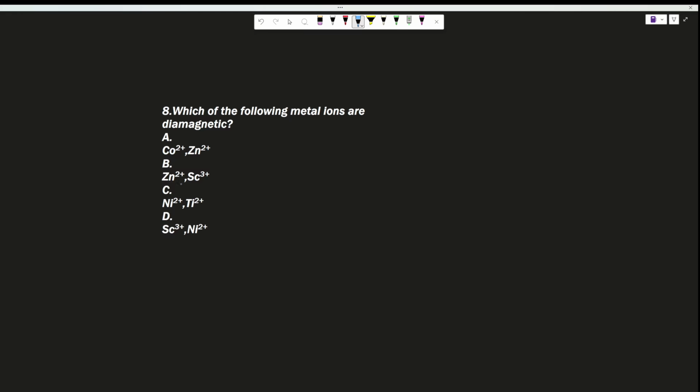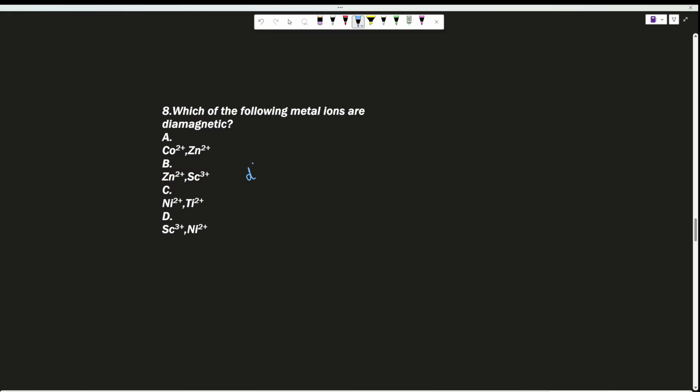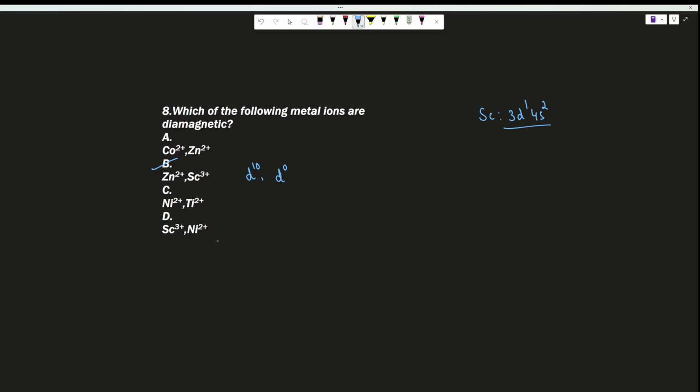Zn2+ is d10. Scandium 3+: scandium has 3d1 4s2 outer electronic configuration, so if you remove 3 electrons, it becomes d0. That means this pair itself is diamagnetic. Nickel 2+ will have unpaired electrons. Next.